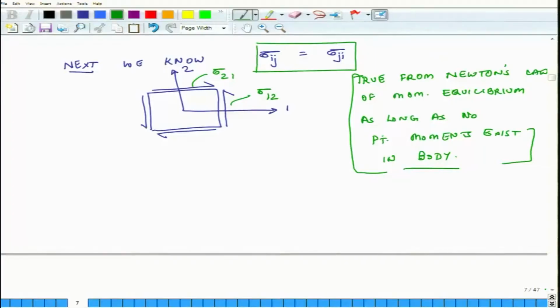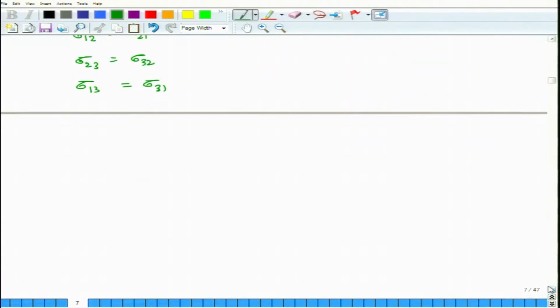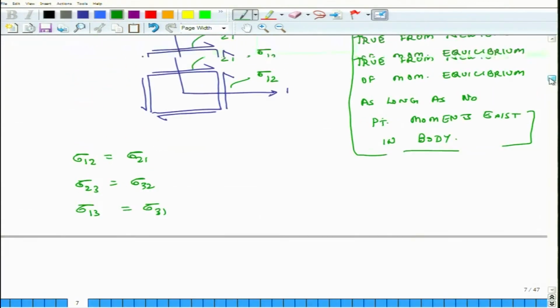So, what that means is that sigma 1 2 equals sigma 2 1, sigma 2 3 equals sigma 3 2, and sigma 1 3 equals sigma 3 1. Okay.